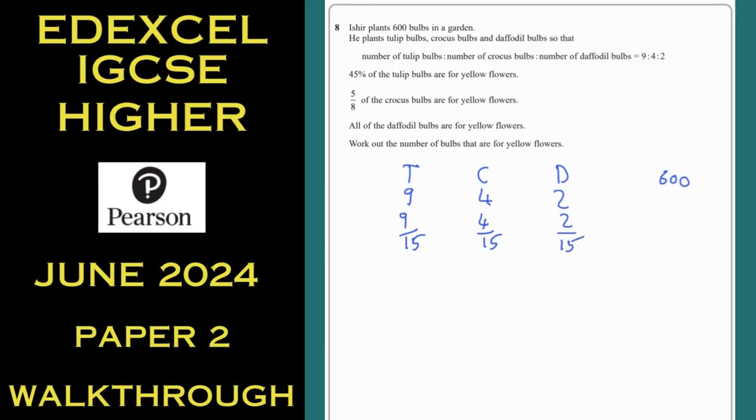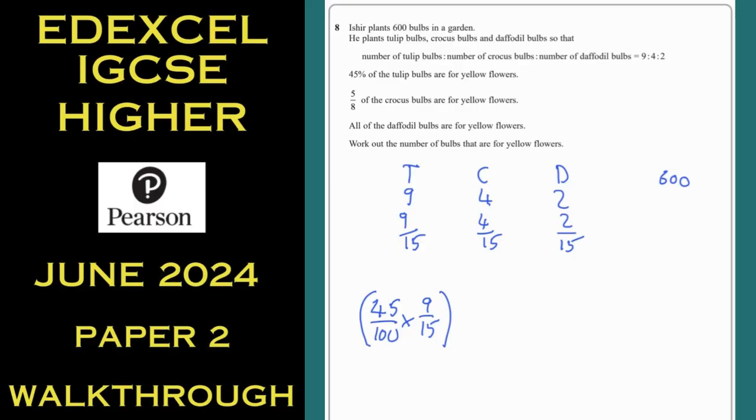So 45% of the tulip bulbs are for yellow flowers. So 45% of the tulips. So that's the fraction of all the flowers which are tulips and yellow.